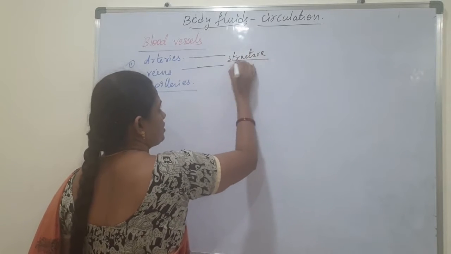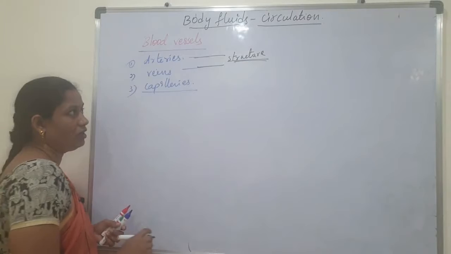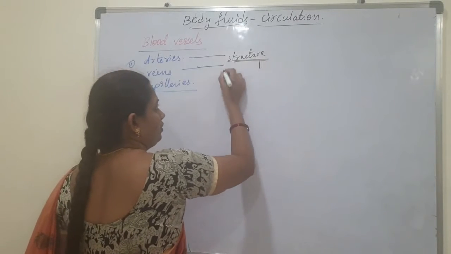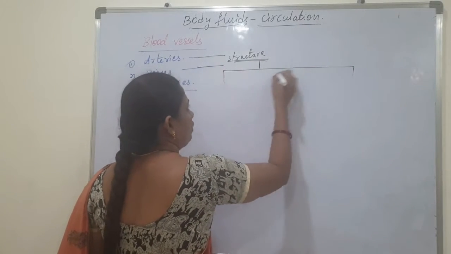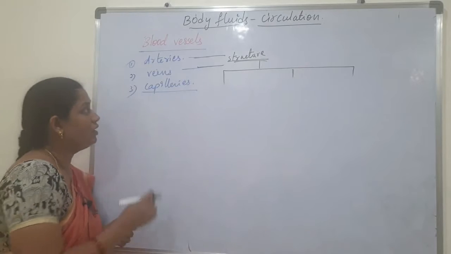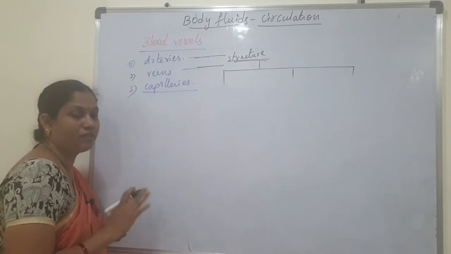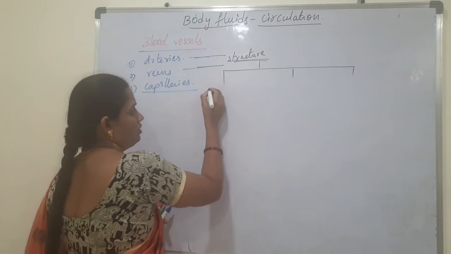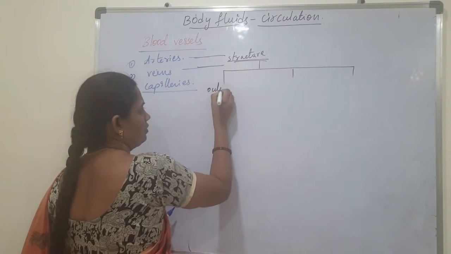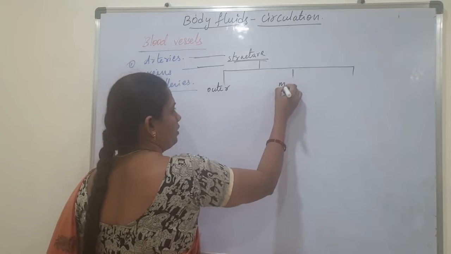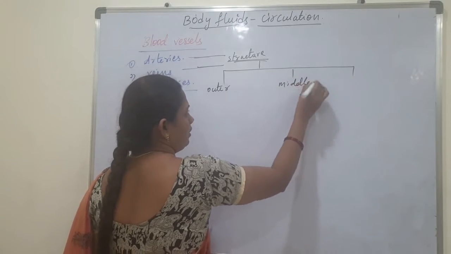Both have the same structure basically. The wall of blood vessels, or the wall of artery and veins, both have three layers: outer, middle and inner.